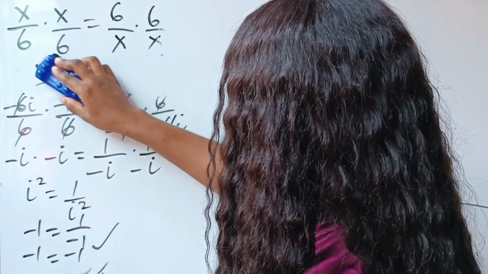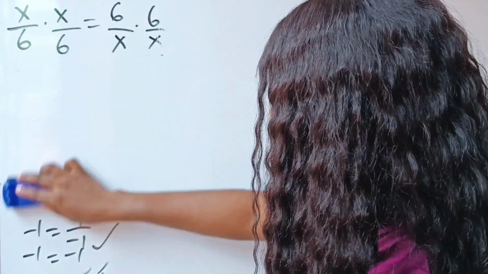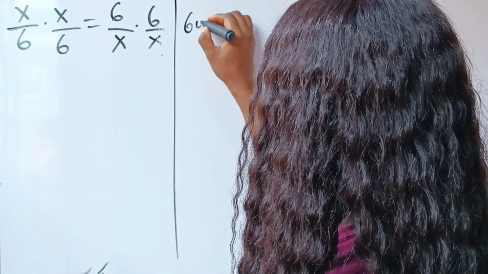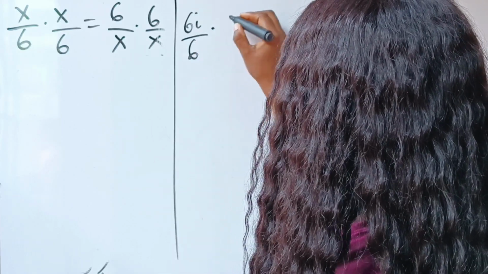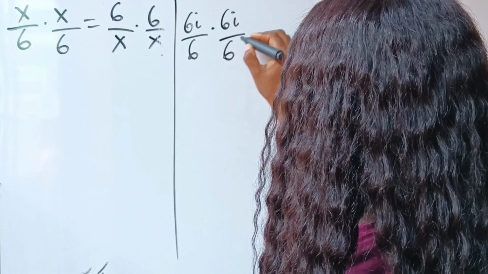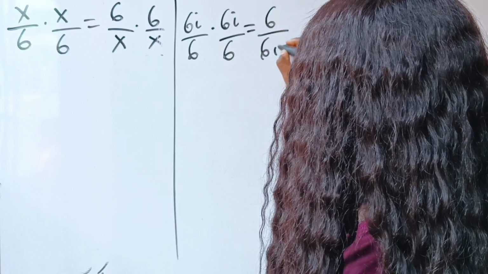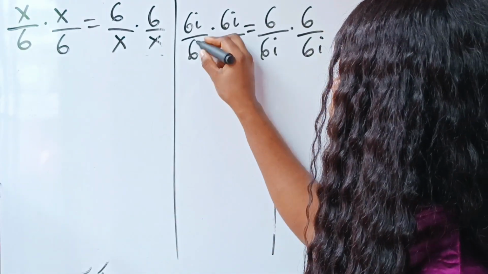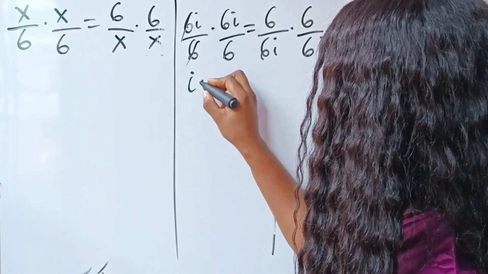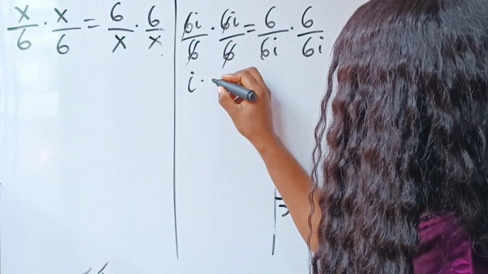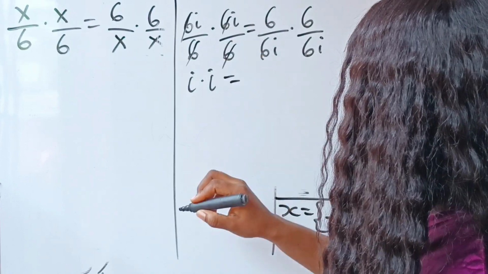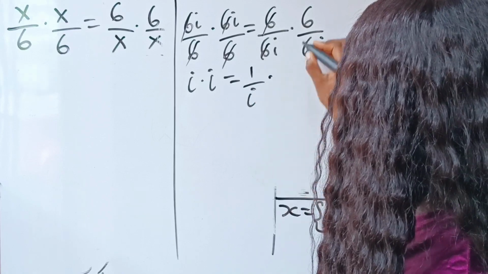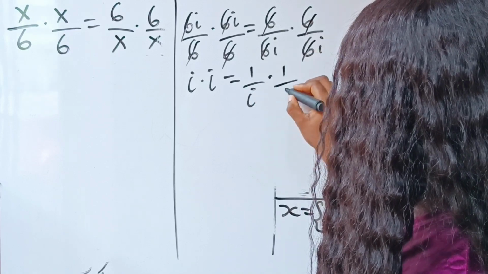Now when x is equal to 6i, we have 6i divided by 6 multiplied by 6i divided by 6 is equal to 6 over 6i multiplied by 6 over 6i. Now we cancel this, we have i, multiplied by this, we cancel this, we have another i, is equal to this, we cancel this, we have 1 over i multiplied by 1 over i again.